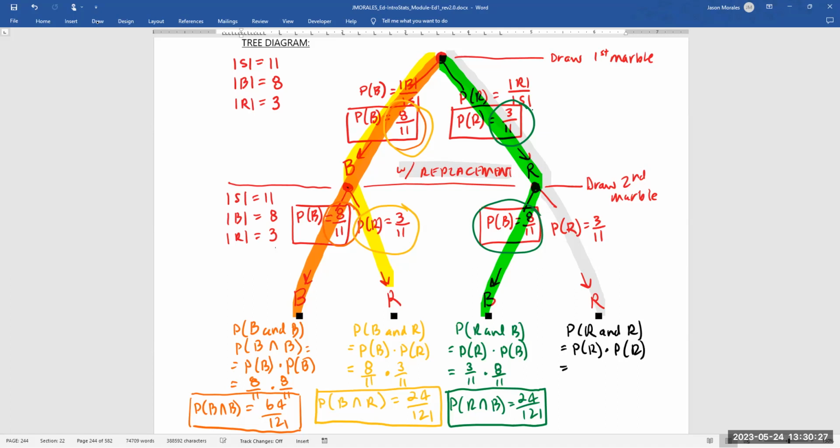And so the probability of red first was 3 out of 11. The probability of red second was also 3 out of 11. So that leaves us with the probability of red and red being equal to 9 out of 121.